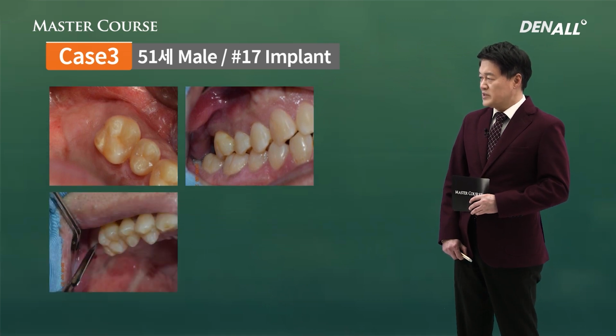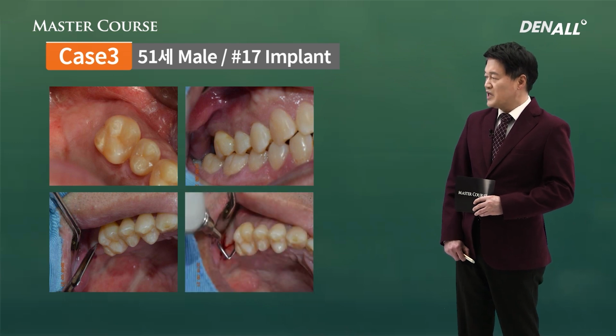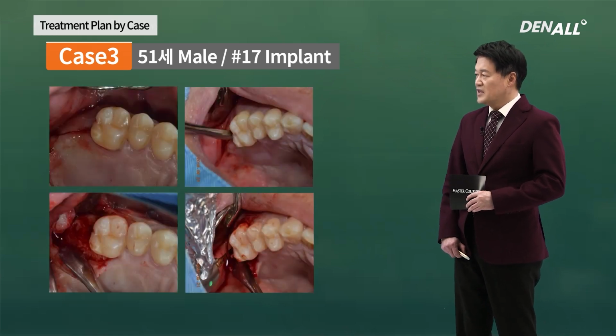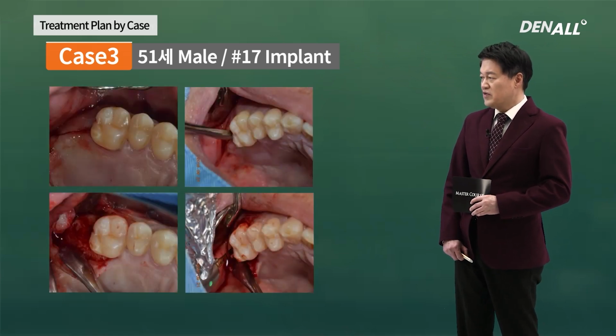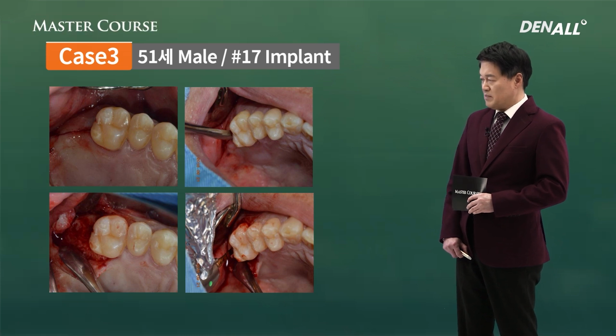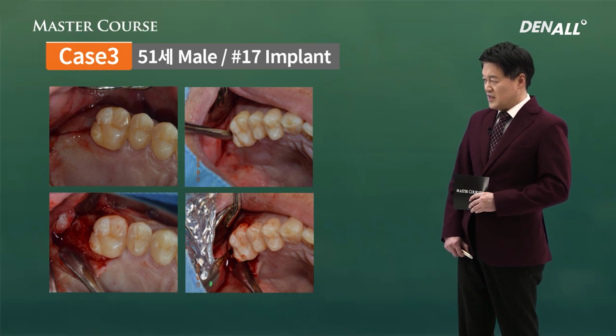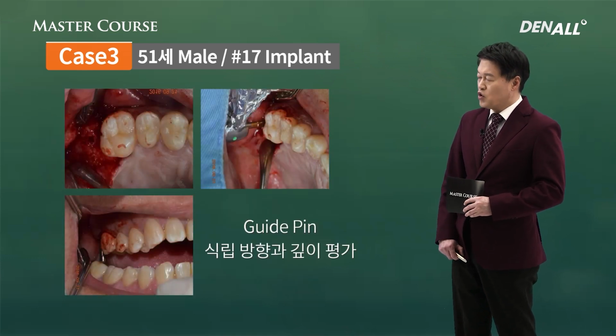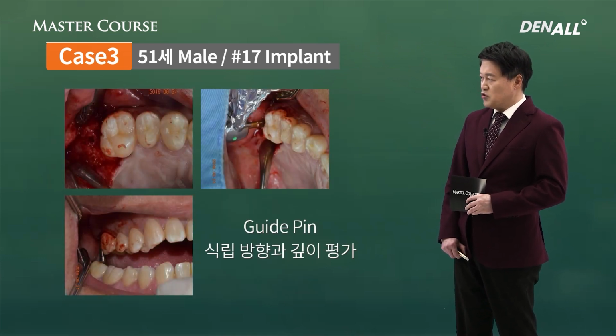I used blade number 15 for incision, and for the distal area of the front teeth, I used knife number 5. I used a periosteal elevator to retract the flap, and I checked the position for the implant, and using a marking drill, I first marked 3 millimeter and checked whether that position was appropriate buccolingually and mesiodistally.